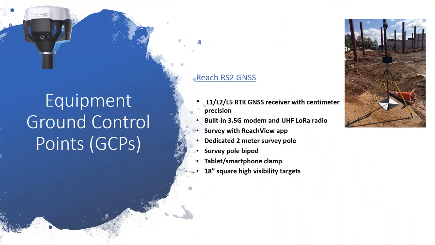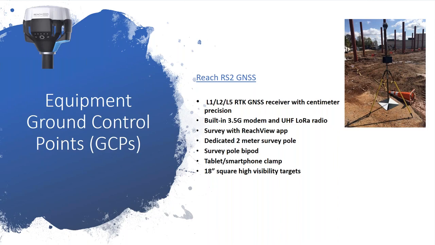The other piece of equipment that's essential to our operation is a GNSS, which is a global navigational satellite system. It's similar to a Trimble unit, or in our case, we use a Reach RS2. It's a fantastic unit.